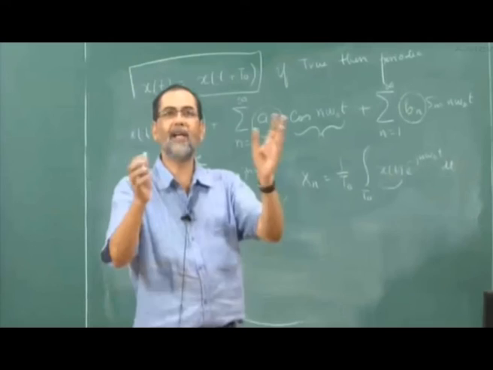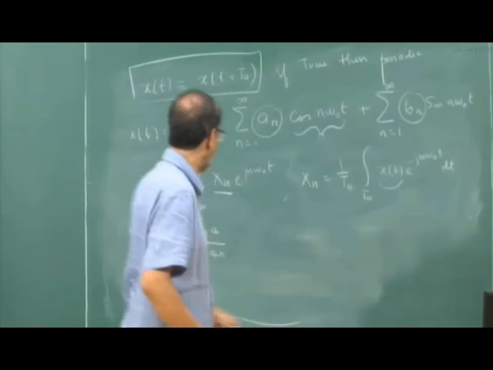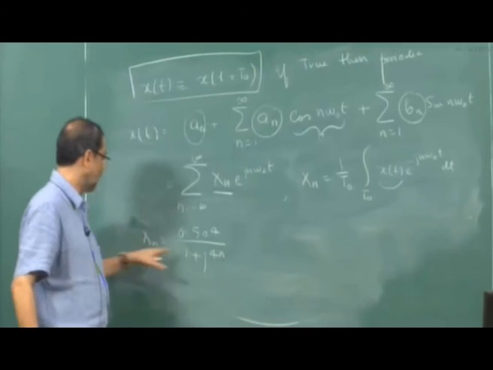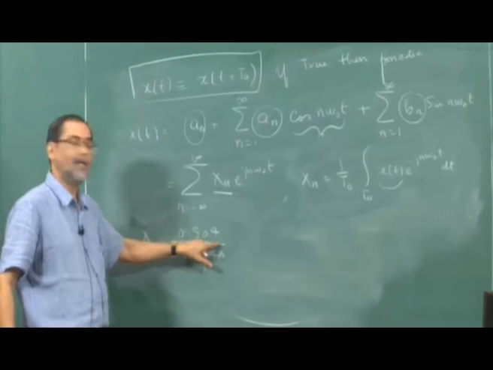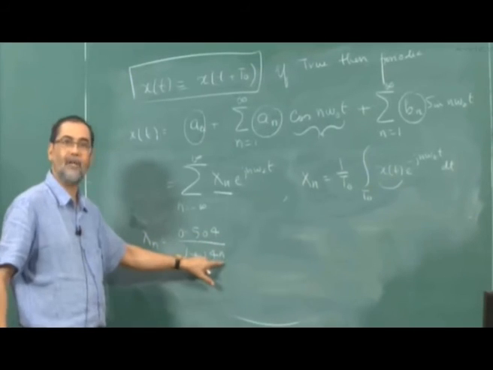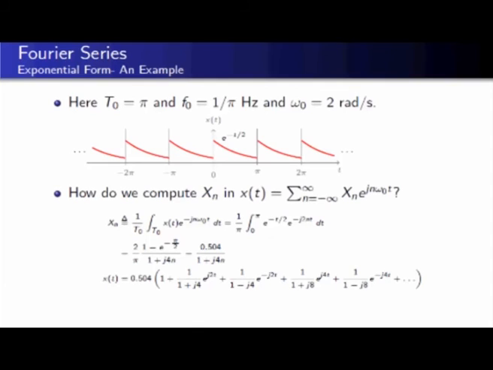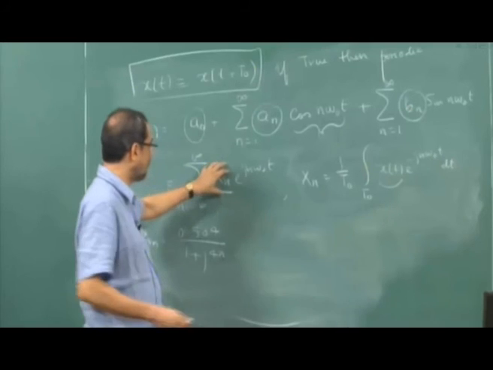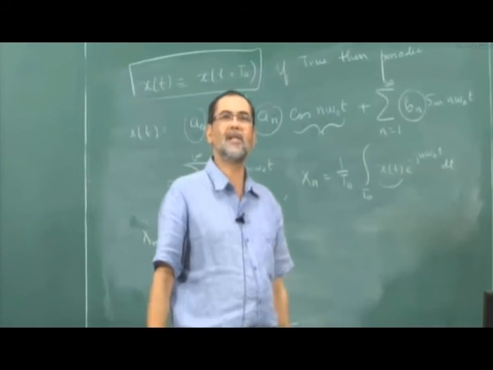So n takes values from minus to plus infinity. Just go on substituting values of n here, you get all values. So for n equal to 0, it is 0.504. N equal to 1, you get a certain value. N equal to minus 1, you get a certain value, and so on, right. So I now expand that. I compute xn and expand this to show what is the dependency on each of those frequencies.